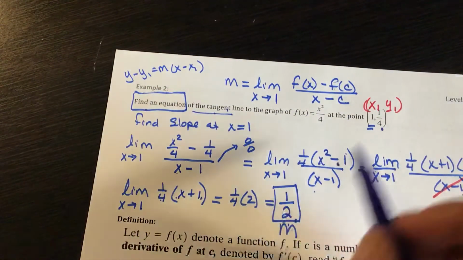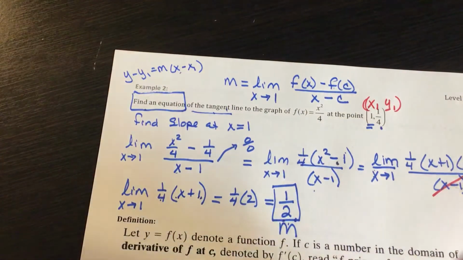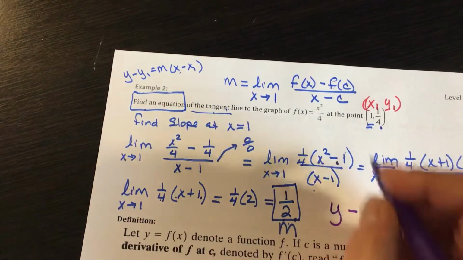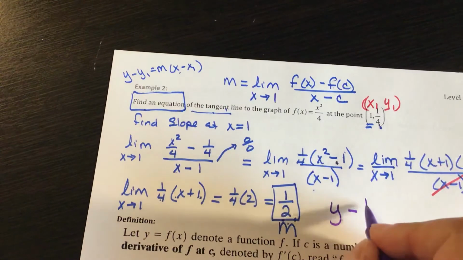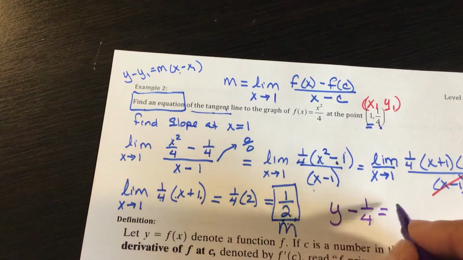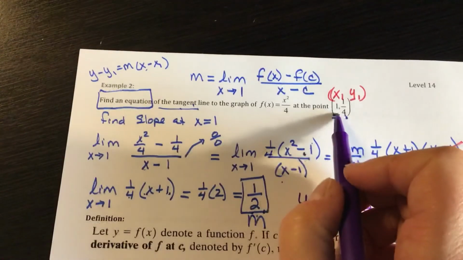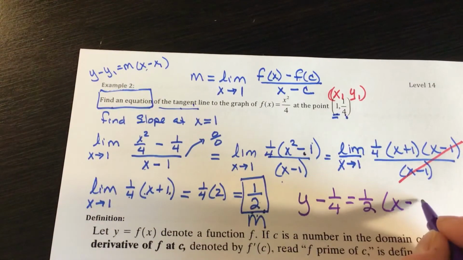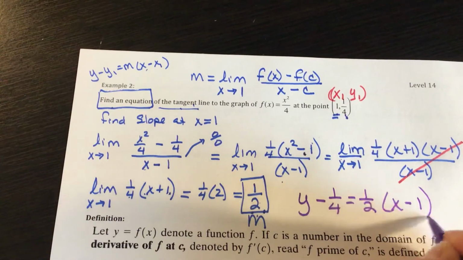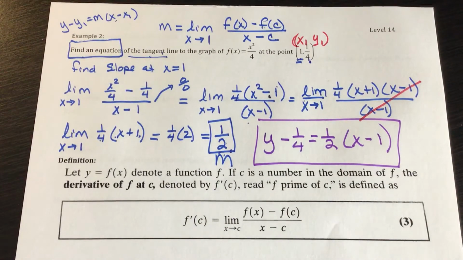So I'm just going to use point slope form. So I have y minus y1, which is 1/4, equals the slope, which is 1/2, times x minus x1, which is 1. That's the equation of the tangent line of that function.